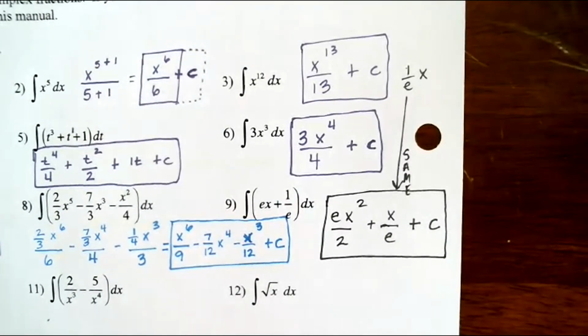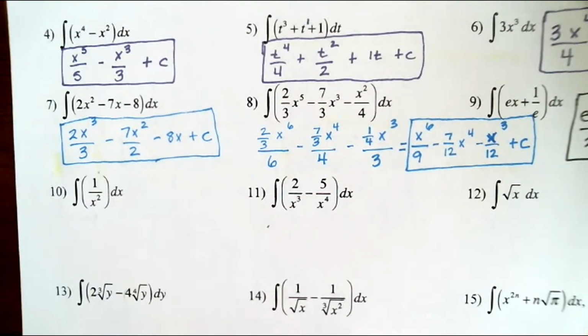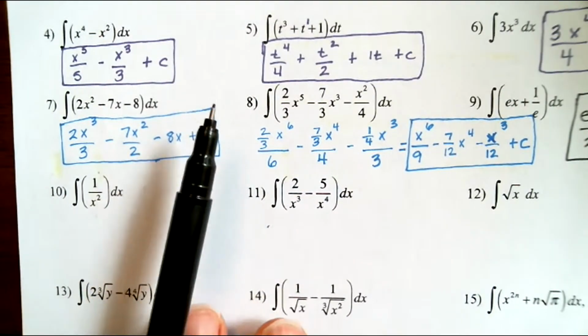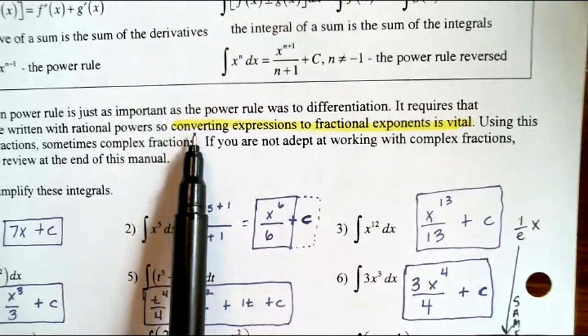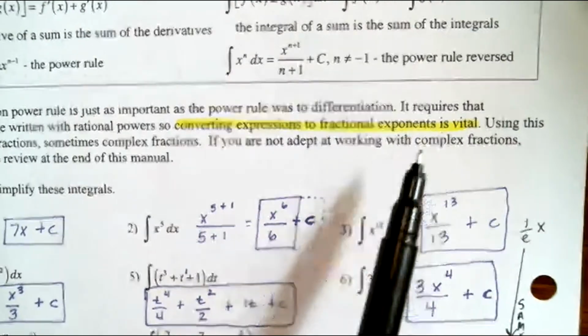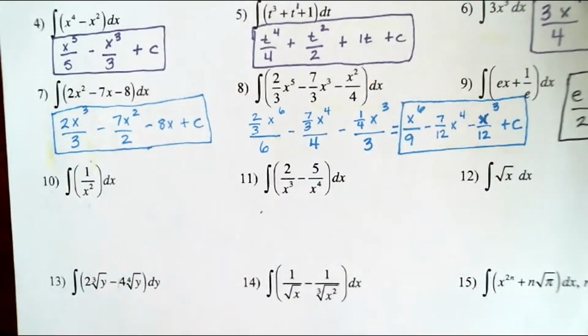All right. Number 10. Moving right along. 1 over x squared. Now again, I highlighted this statement. It said we need to be able to convert expressions to fractional exponents. Okay. So someone type in the chat box, what is 1 over x squared as a fractional exponent?